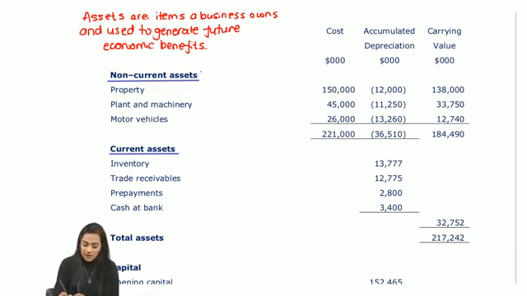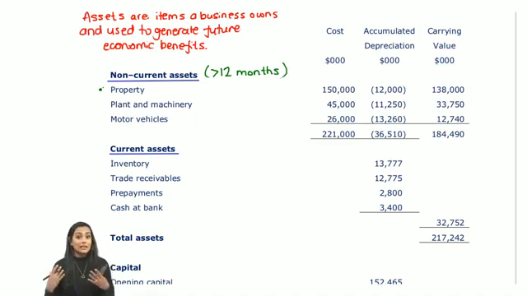Non-current assets are assets which are going to be used by the business for more than 12 months. For example, you have property, land and buildings. You have plant and machinery. If you are a manufacturing business, you may have plants which help make your product. You can have motor vehicles. Let's say you own a delivery van. You expect to use that for at least a year.